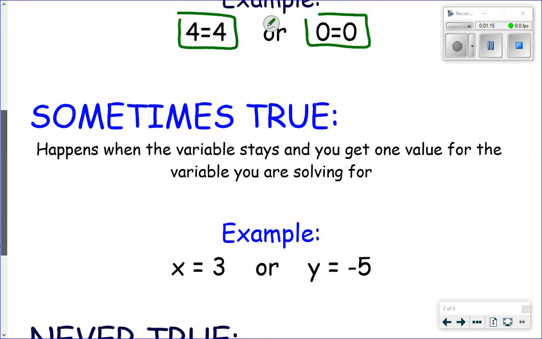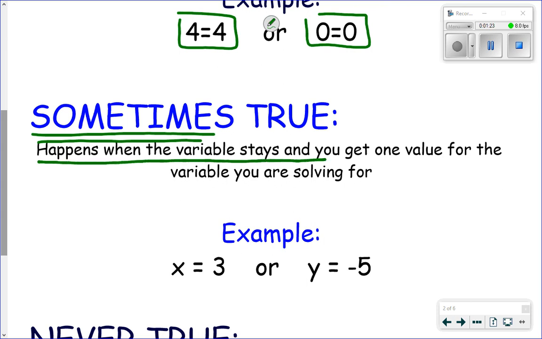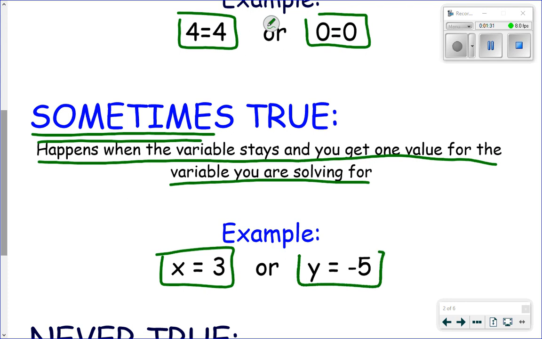The next type of solution we're going to deal with is sometimes. So sometimes true, and this happens when the variable stays and you get one value for the variable you're solving for. So for example, we might get x equals 3 or y equals -5. This is your typical solving of equation. Those are usually sometimes true.